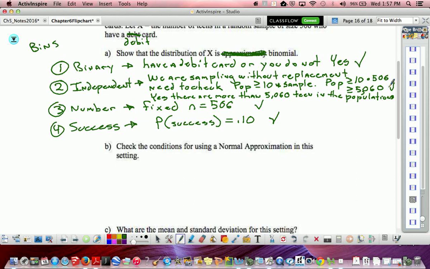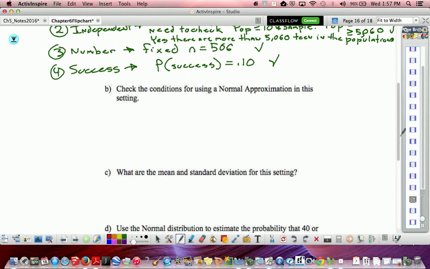Binomial. B. Switch colors here. Check the conditions for using a normal approximation in this setting. This is where the number of successes and the number of failures have to both exceed 10.